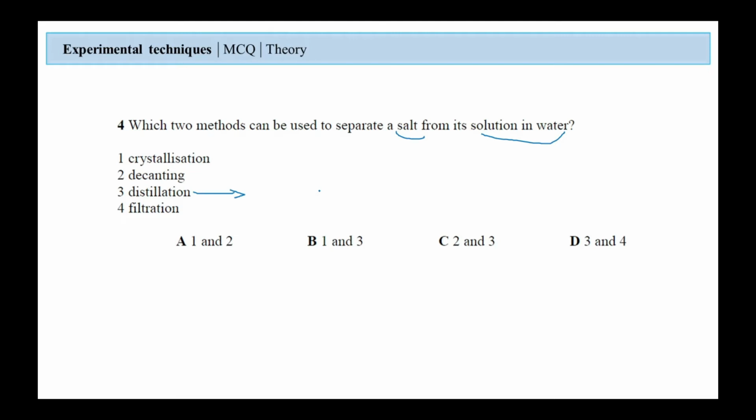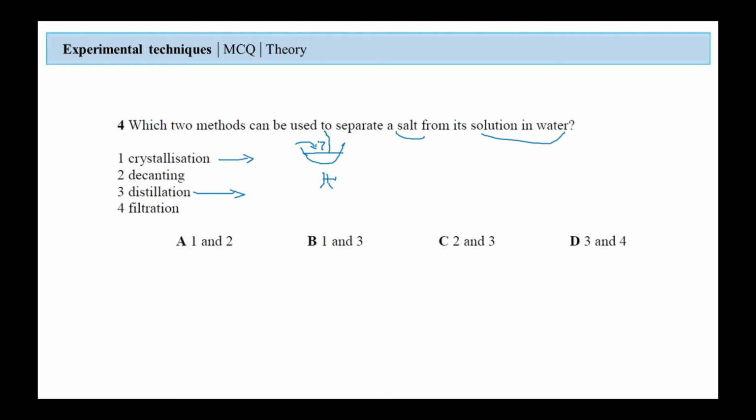And also, we can use another technique, which is crystallization, during which we will be heating the solution in a way to remove the water. For example, by using an evaporating basin, we put in the mixture of the solution and the salt and heat it using a Bunsen burner.